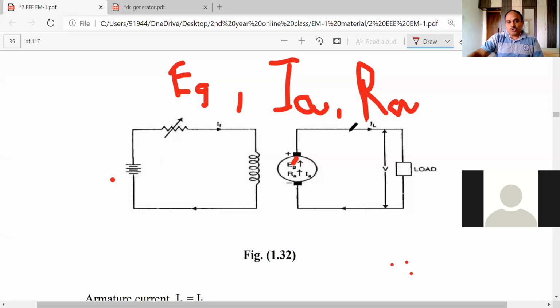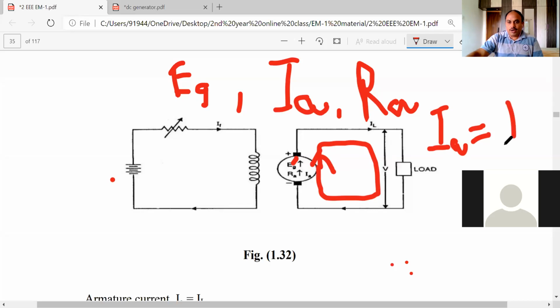The current passing through the load is called IL. In this case, this is a single loop with no other parallel paths, so IA equals IL. The armature current passes through the load and completes the circuit in this manner. So in a separately excited generator, IA equals IL, armature current equals load current.